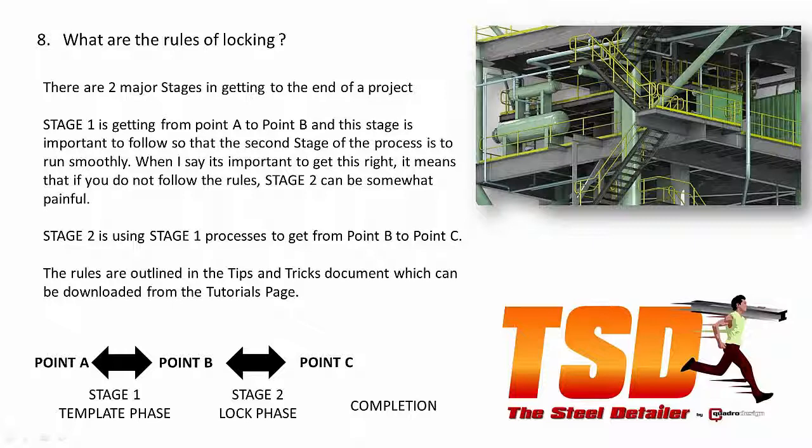The reason I'm going to get problems is because when I go to lock it, it's suppressed. I can't swap it out, but it'll swap out the pattern components. And when I go to unlock, it's going, oh, I can't change that because they're pattern components and the seed component doesn't work. So that's one of our rules. You just cannot do that. So you've just got to follow the rules in stage one, getting from point A to point B.